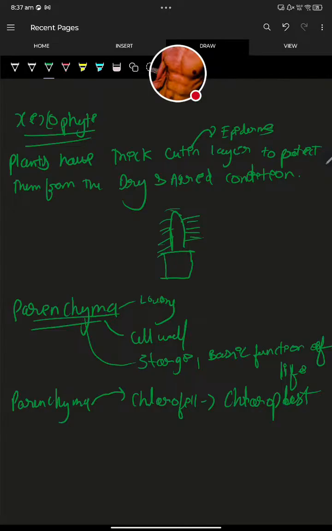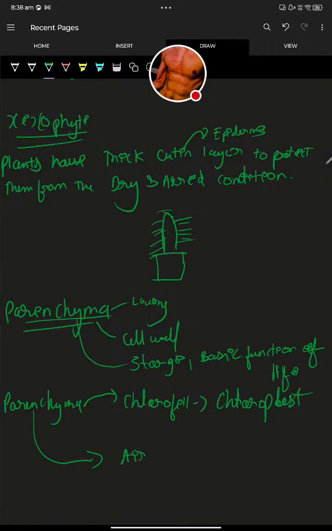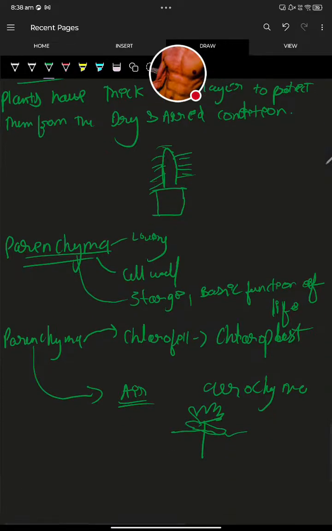Parenchyma filled with chlorophyll becomes chloroplast-containing tissue, but when parenchyma is filled with air, it becomes aerenchyma, like your lotus sitting on a pond. This is a pond, and this is a lotus, and it is sitting on it. It is able to sit on it because it is aerenchyma.